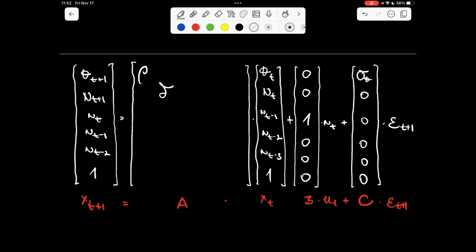It's easy to realize that the length of the state vector doesn't complicate things too much.